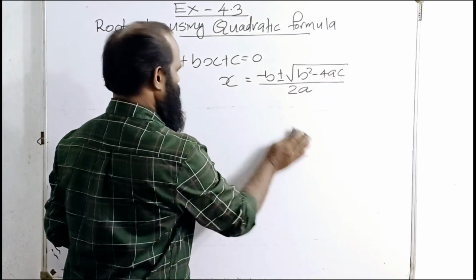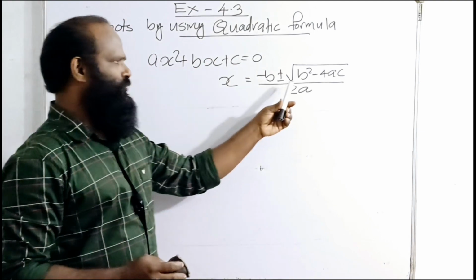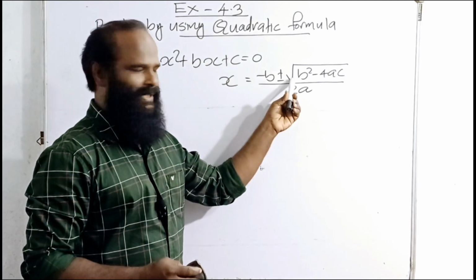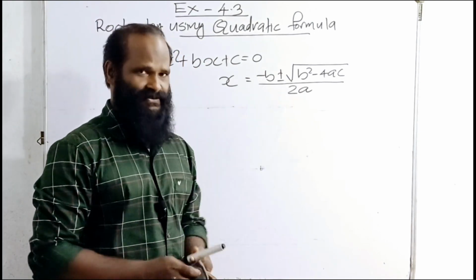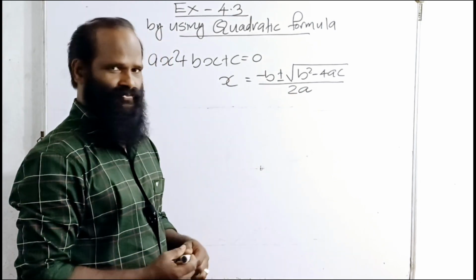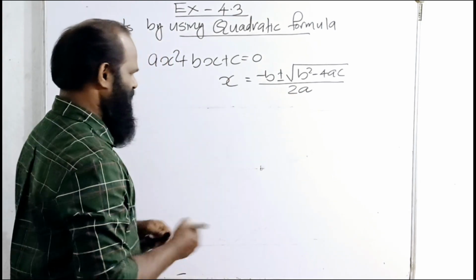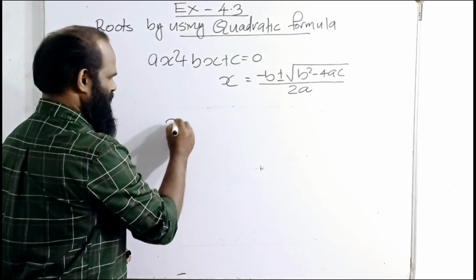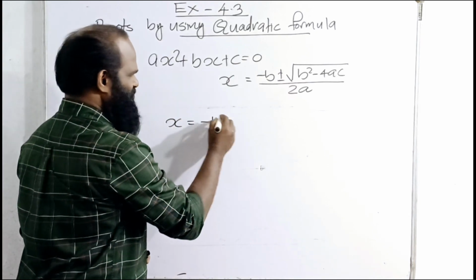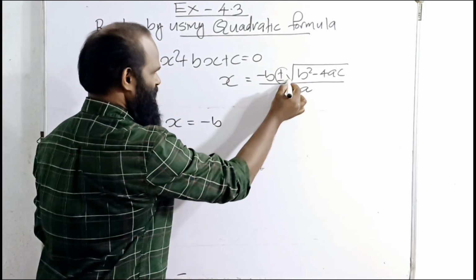And now, two values of x are included here. There are two values of x. We shall just separate it. When you separate this, we shall have the value for x this way. x is equal to minus b. You may see two signs over here.